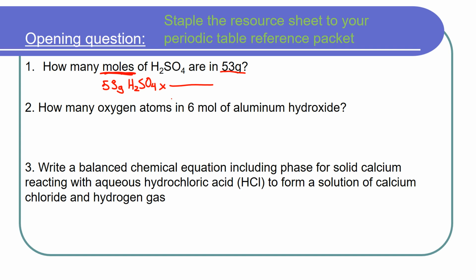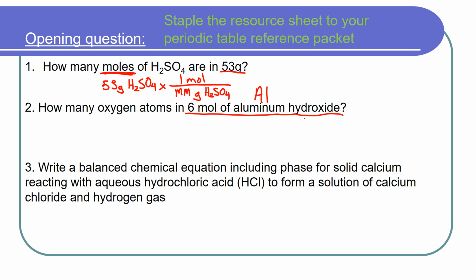All right, so I need the molar mass. So I'm going to divide by the gram molar mass of H2SO4, and that's out of 1 mole. So remember, to go from mass to moles, we have to know the molar mass. And I'm not solving the molar mass for you. All right, so this one we're starting off with 6 moles of aluminum hydroxide. The first thing we have to know is what is the formula for aluminum hydroxide.